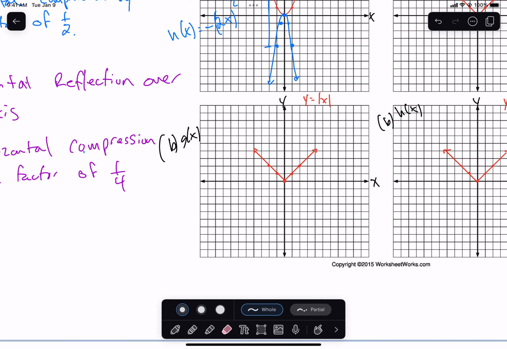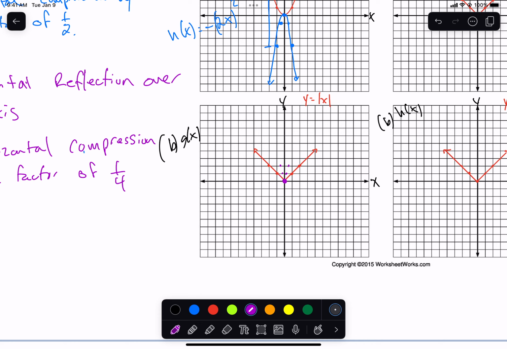So all we have to do for this is just cut those values to a quarter. 0 is going to stay at 0, 1 is going to get horizontally compressed by a factor of 4. That's going to go to there, very close to the axis. That's going to get very close to the axis as well. And then 1/4 of 2 is going to be 0.5.